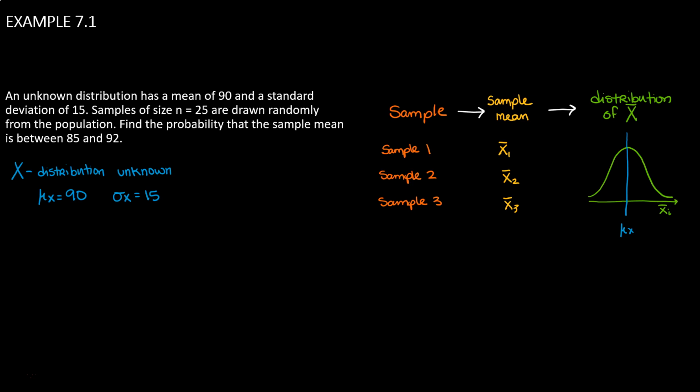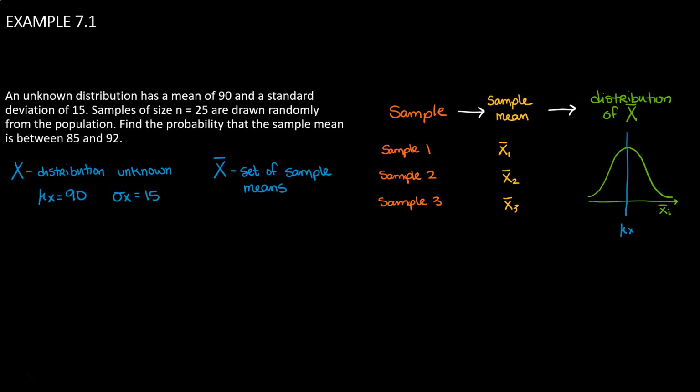We're going to take multiple samples, and each sample is going to be 25 data values. So we're going to do random samples of 25 values. That allows us to create a new variable, capital X bar, the set of sample means. This random variable, by the central limit theorem, will follow a normal distribution.